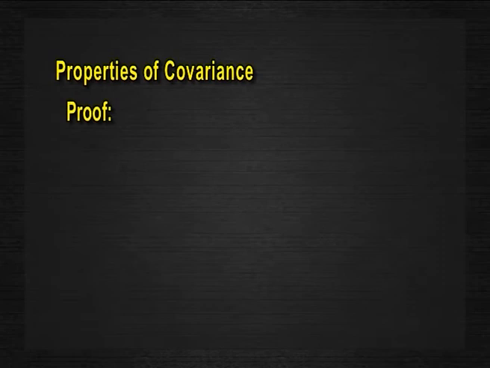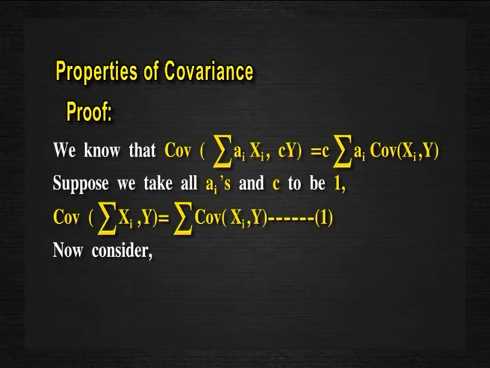Let us prove this property using the previous property, that is, we know that covariance of summation ai into Xi and cY is equal to c into summation ai into covariance of Xi, Y.